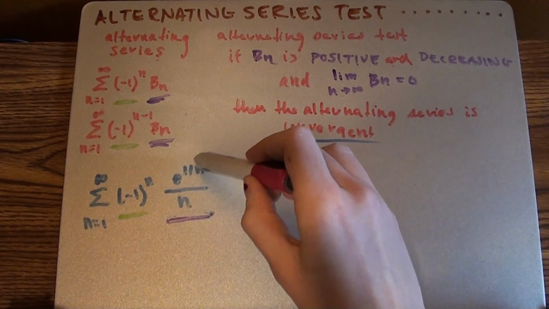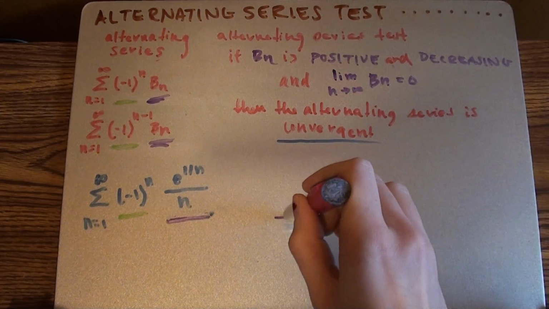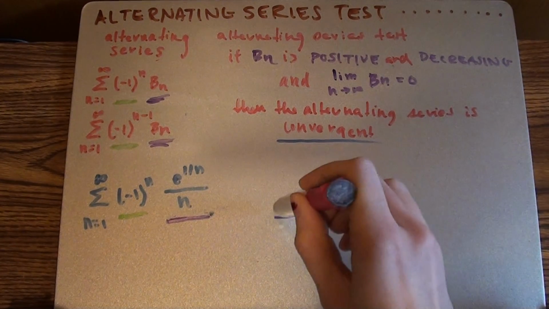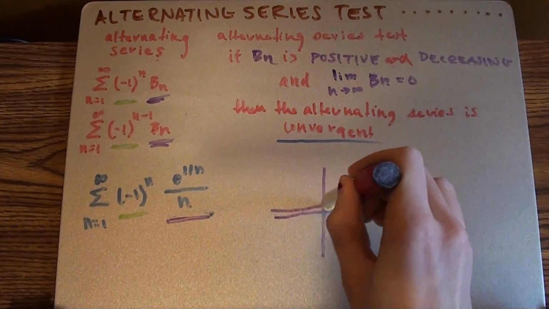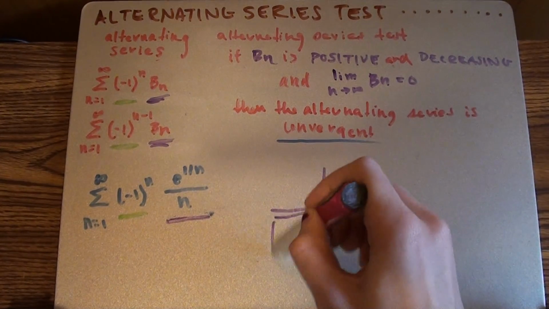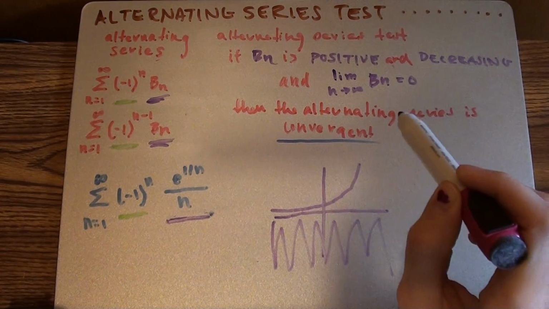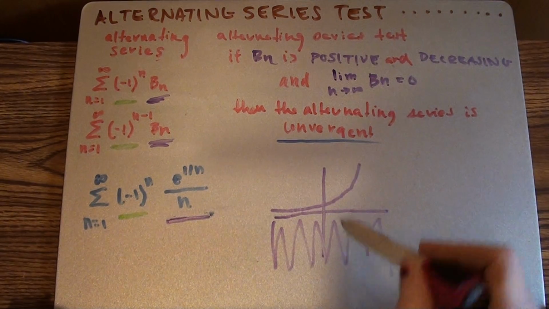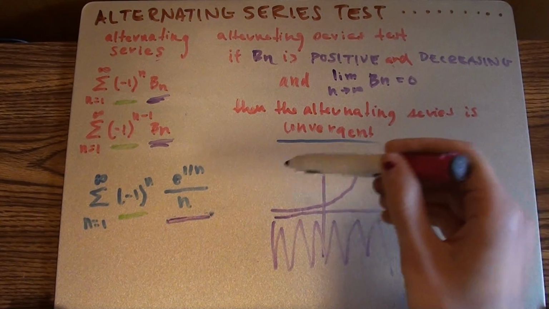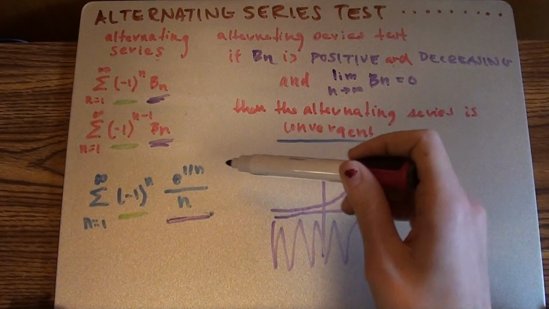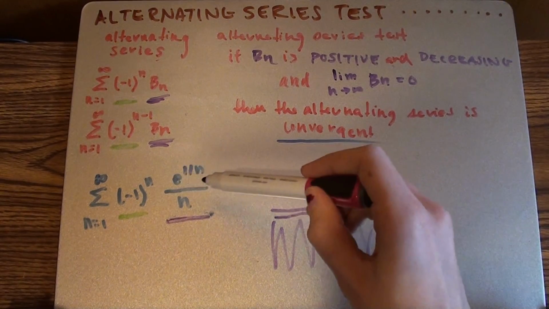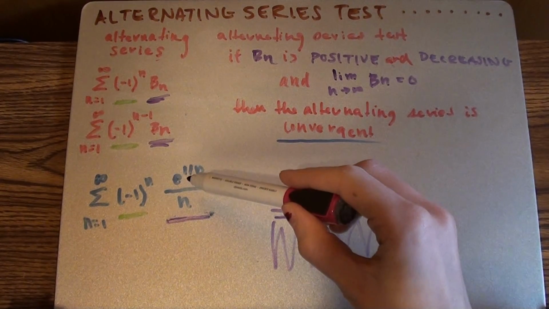We have e^(1/n). We know that the graph for any function e to some power is going to look something like this, right? There's nothing down here in the negative part of our graph. So we can conclude that the range is just positive numbers. Anything that this spits out then is going to be a positive number.